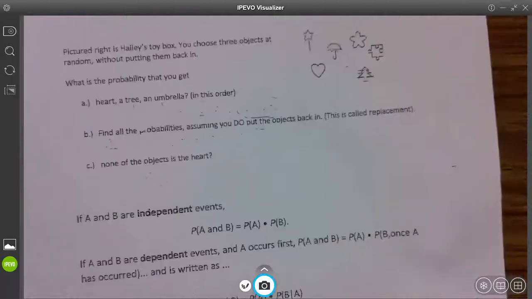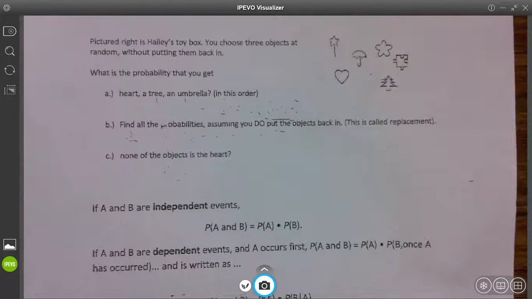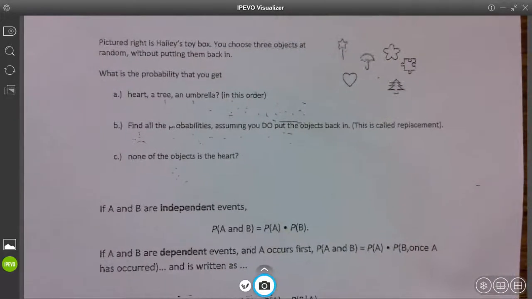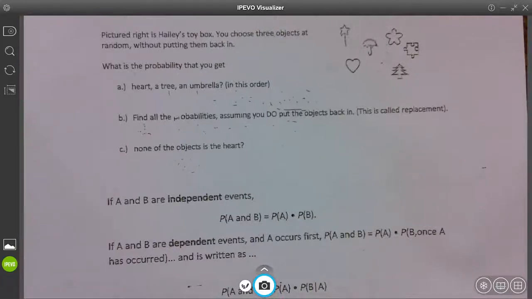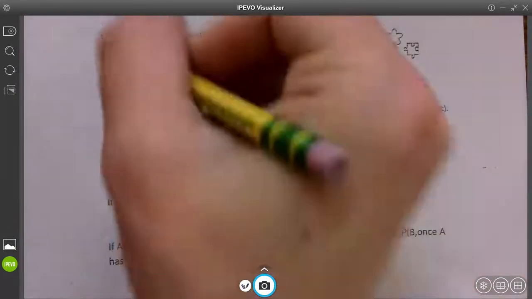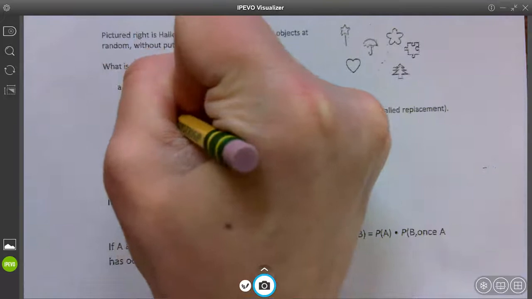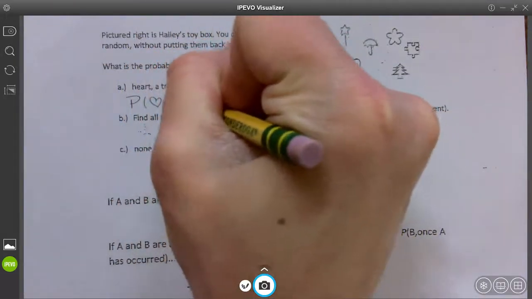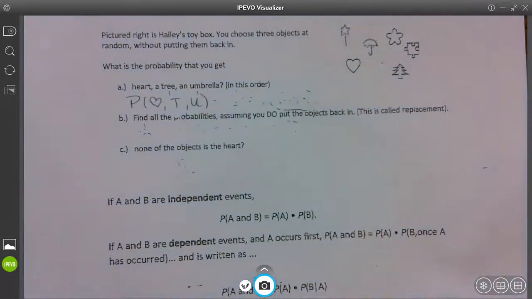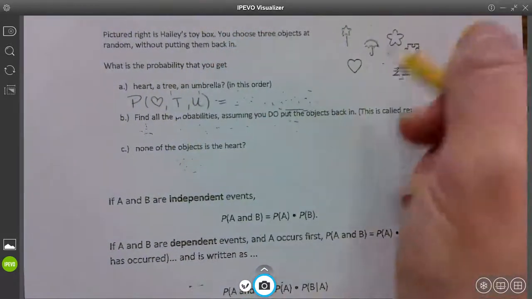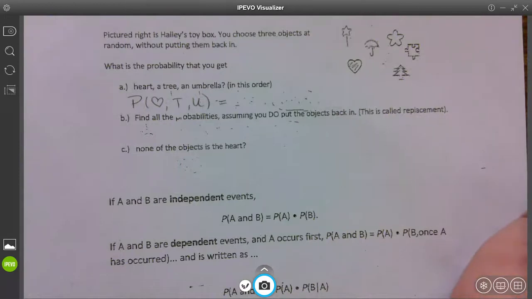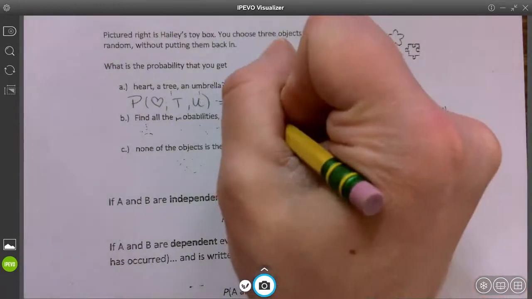On the back, it says, pictured right is Haley's toy box. You choose 3 objects at random without putting them back in. You're going to choose a heart, a tree, an umbrella. What is the probability that I get a heart and then a tree and then an umbrella? Okay, I guess I got to put an H. So the probability I get a heart is 1 out of 6.